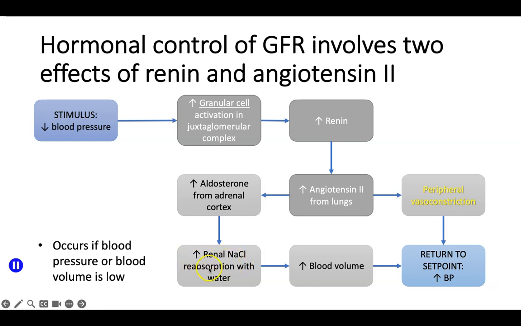So more salt, more water will come back into the blood and hopefully help to raise that blood pressure again. That will increase the blood volume, again, hopefully increase the blood pressure. The angiotensin II effect on vasoconstriction, so increased vasoconstriction, and now hopefully again the blood pressure increases back to normal.